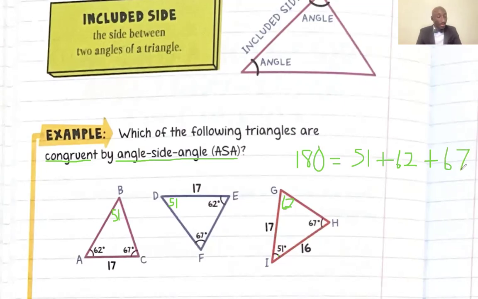So now that I was able to fill in all of the angles, I can more easily see what's congruent. Well, now if I look at this system right here, let's hone in right here and then right here.